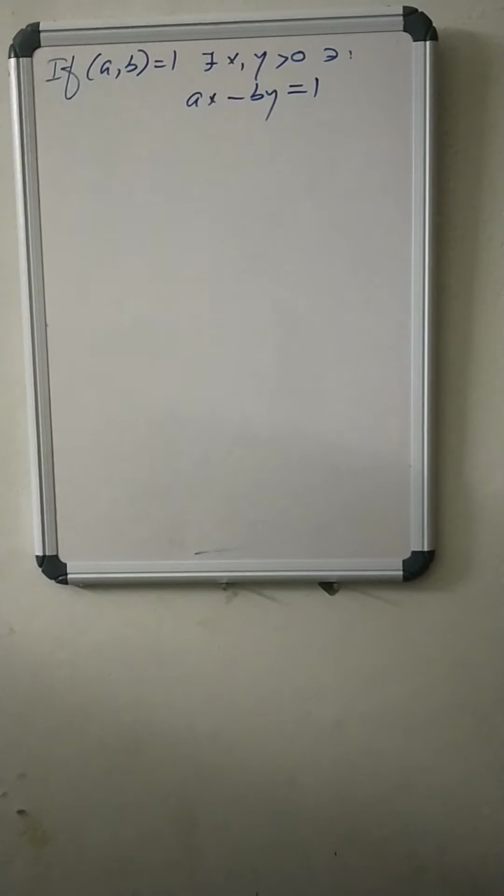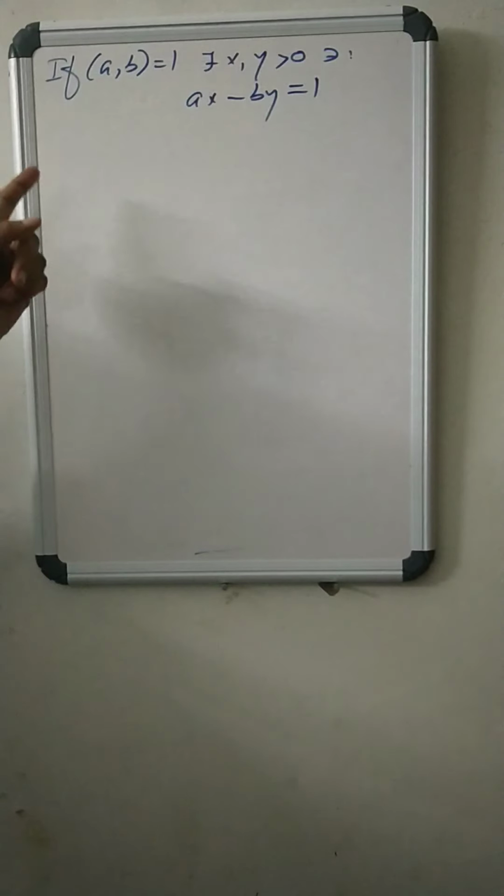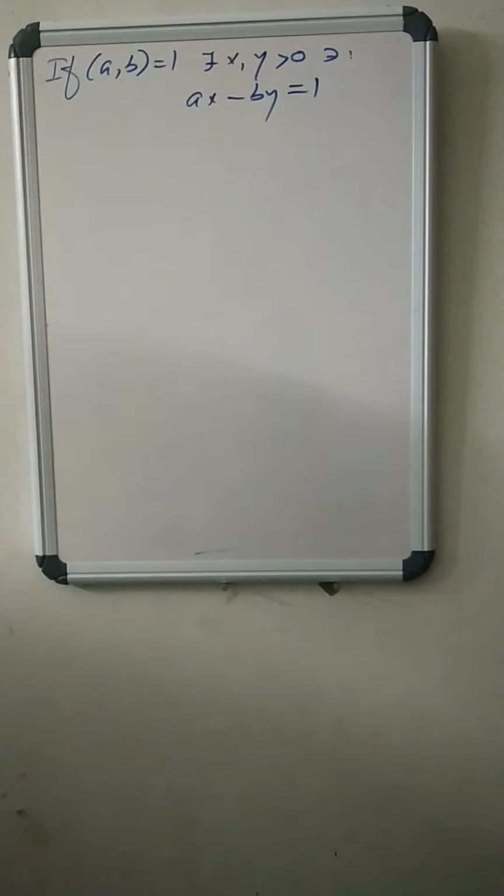We already know that if A and B have GCD D, there exist x and y such that ax plus by equals D. Here A and B are relatively prime. Then there exist some positive integers x and y such that ax minus by equals 1. How?